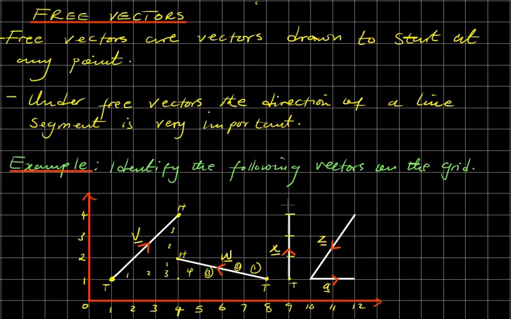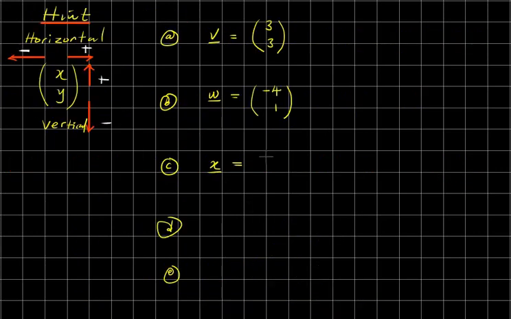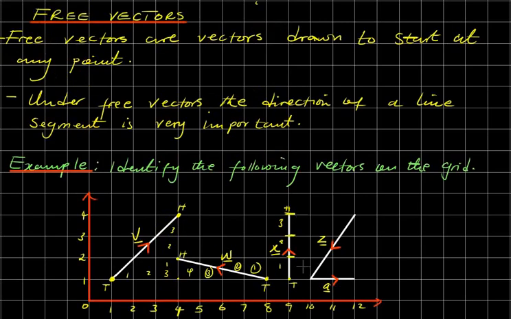Remember your tail, your head. You can count these lines, 1, 2, 3, or you can count the number of boxes, 1, 2, 3. So it is 0 horizontal and 3 units up. So we say 0, then we have 3. 3 is positive because you can see that we are moving vertically up according to the direction.